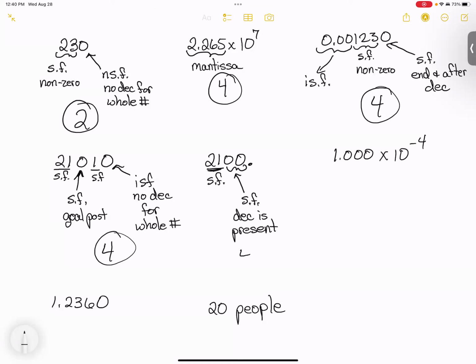So again, there were 4. In the next one, again, this is a number in scientific notation, so all of the significant digits are found in the mantissa of the number. So there were 4.